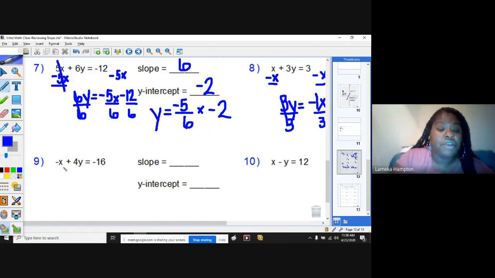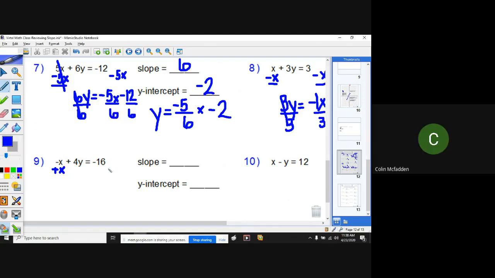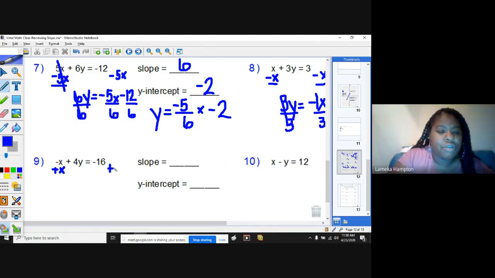Again, remember, whatever your x value is, you're going to make it the opposite when you move it to the right side. Because this x is negative, I am going to add an x, so it's now going to be positive. Remember, these are unlike terms.